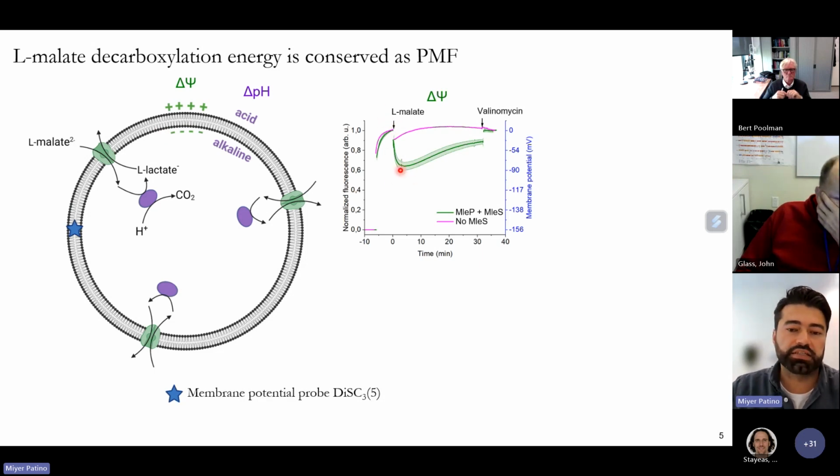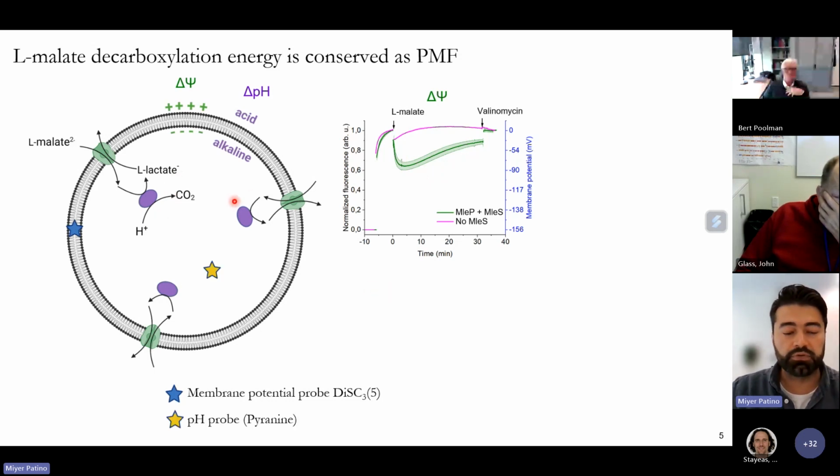This quenching is proportional to the magnitude of the membrane potential, which allowed us to quantify the progress of the membrane potential in these vesicles. We observed that the two proteins were absolutely necessary to produce a substantial amount of membrane potential and to keep it for longer times, in comparison to the absence of the decarboxylase.